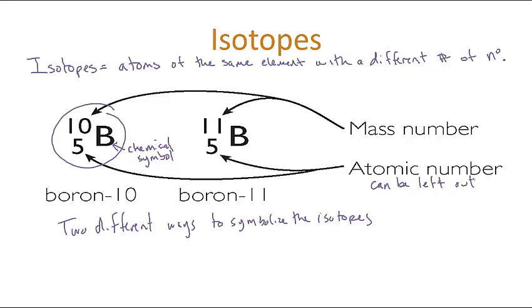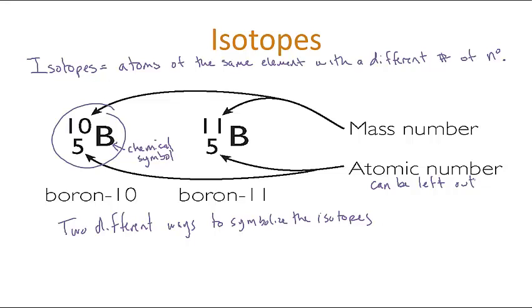That's right, because we know the chemical symbol, we know the number of protons by definition, because all atoms of an element have the same number of protons. So every boron atom in the universe has 5 protons. So sometimes you might not see it, because if you're given the symbol, you know how many protons there are.